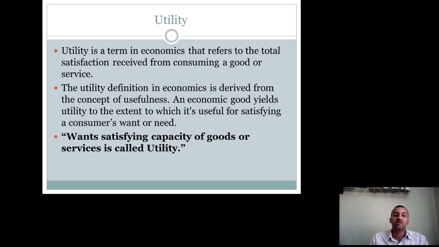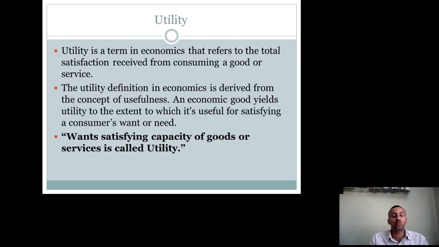So here it is the usefulness of a product. How much this product is useful, or the usefulness of one good or service is measured, and this usefulness is known as utility. In simple words, want satisfying capacity of goods or services is called utility.